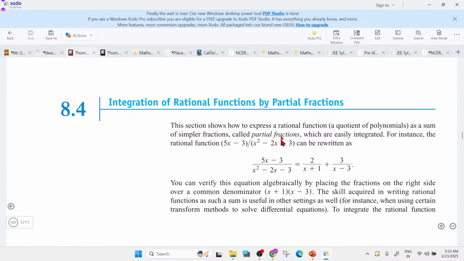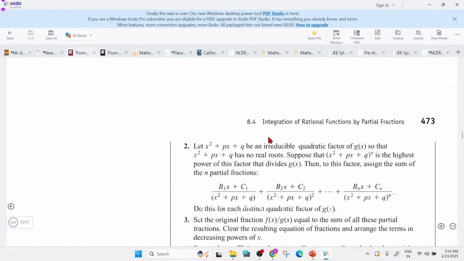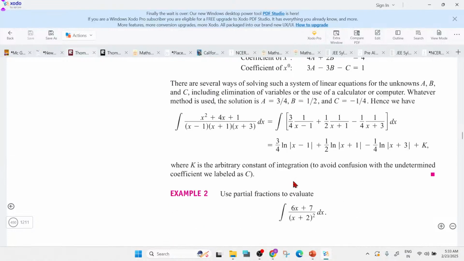So these are called rational functions. What are rational functions? Polynomial by polynomial. So in this case, we have done this.